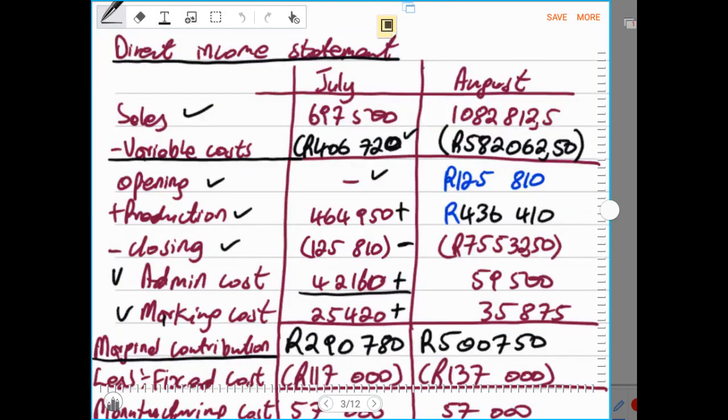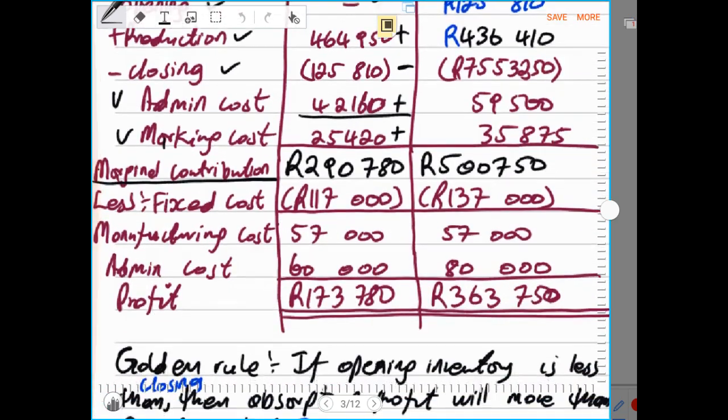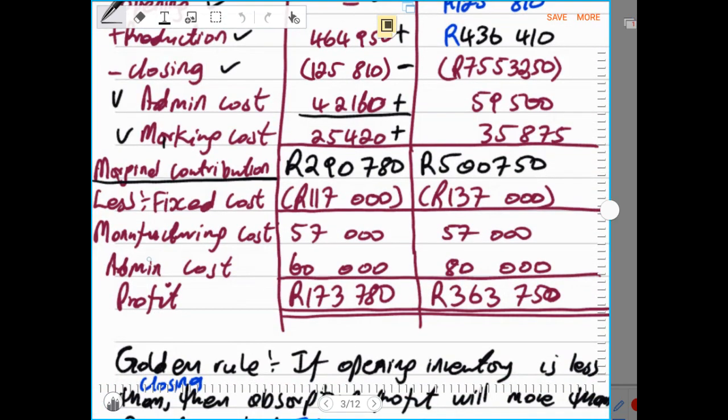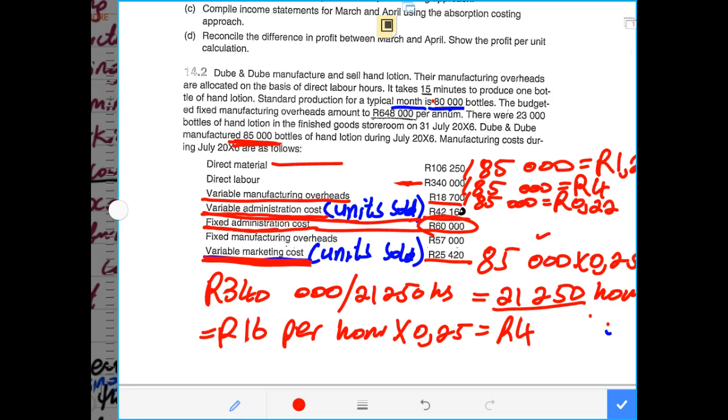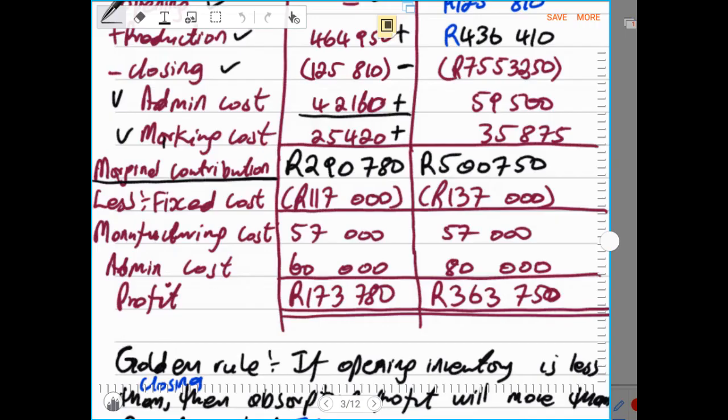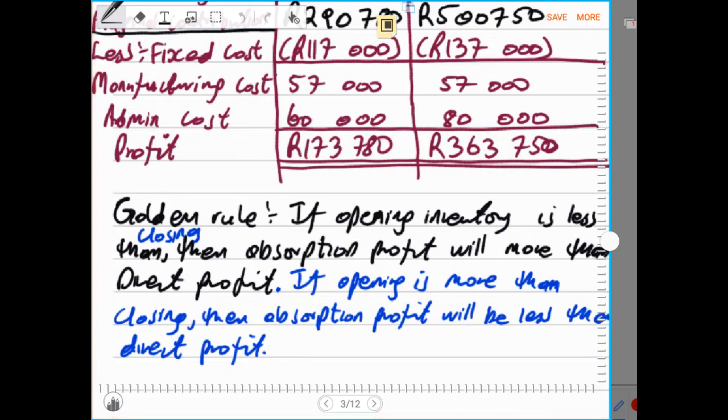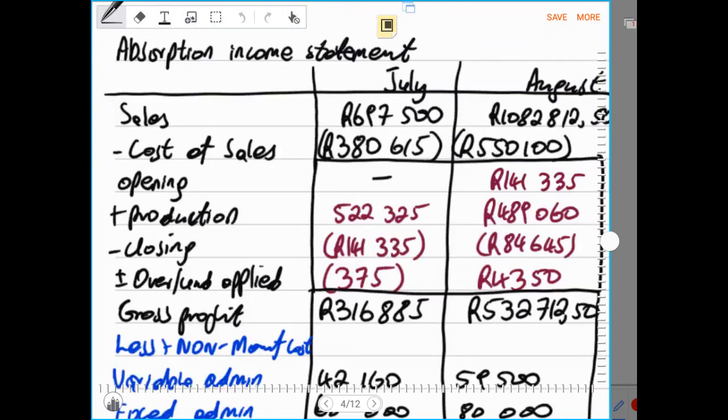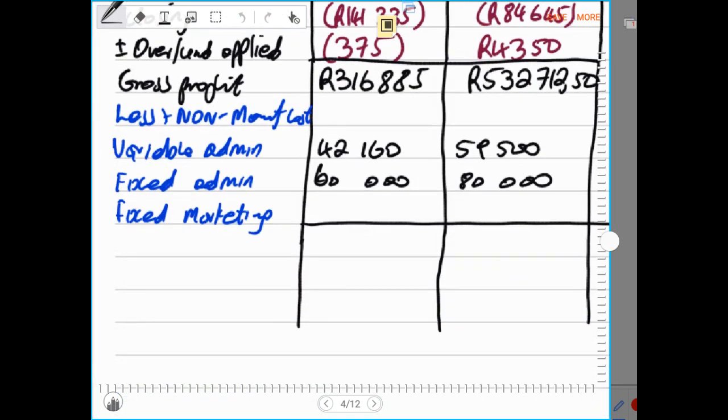Fixed marketing. Or rather, our marketing is not fixed, it is variable. Okay, it's variable, not fixed. Let me recognize that. We have variable marketing.